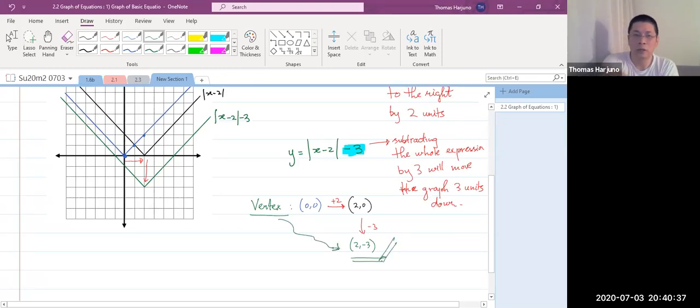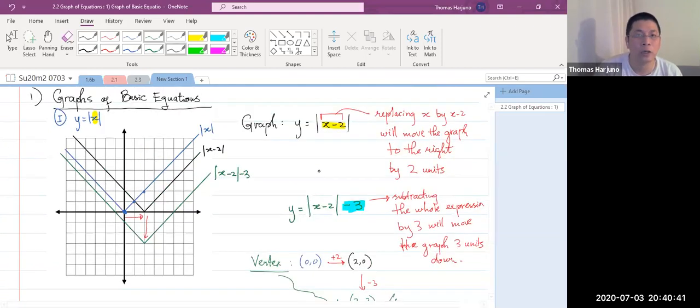Now notice that the axis of symmetry therefore also moves. The axis of symmetry for the basic y equals absolute of x is here, x equals 0, right? When you move it 2 units to the right, the axis of symmetry becomes x equals 2.